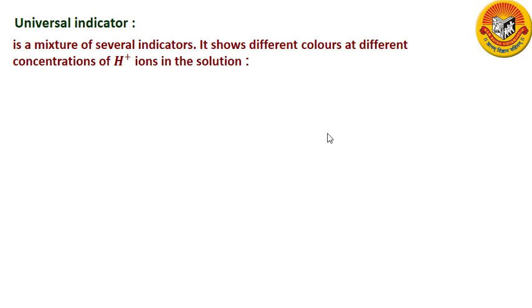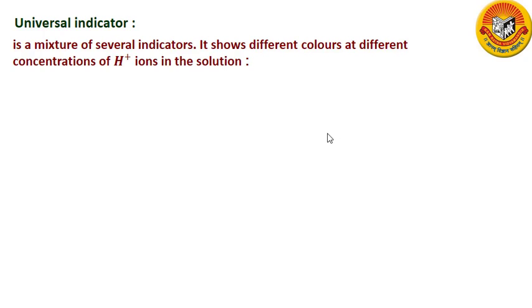Since the pH of the solution depends upon hydrogen ion concentration, we can also say that universal indicator shows different colors at different concentrations of hydrogen ion in the solution. When an acid or base solution is added to the universal indicator, the indicator produces a new color.